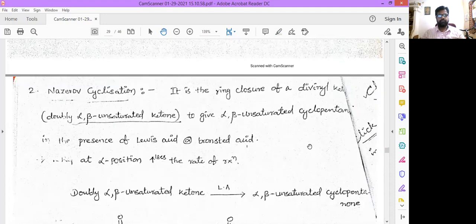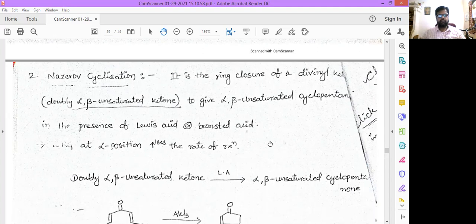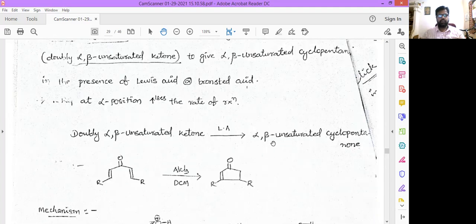Another reaction is the Nazarov cyclization. It is a ring closure of divinyl ketones, meaning doubly alpha beta unsaturated ketones, to give alpha beta unsaturated cyclopentanones in the presence of a Lewis acid or Bronsted acid.